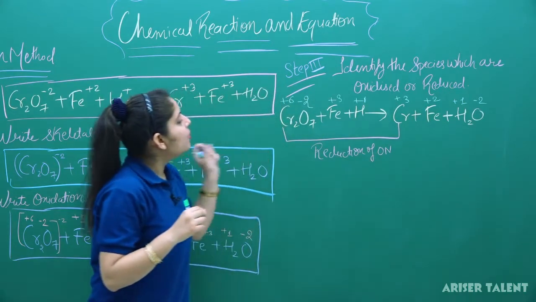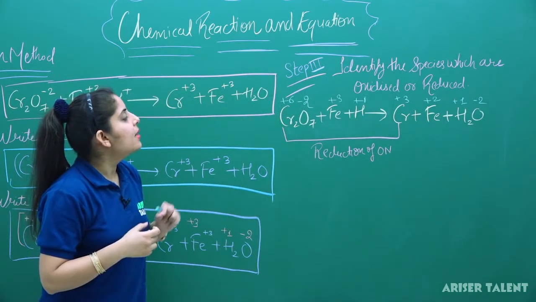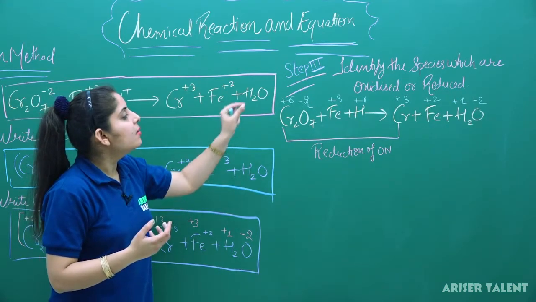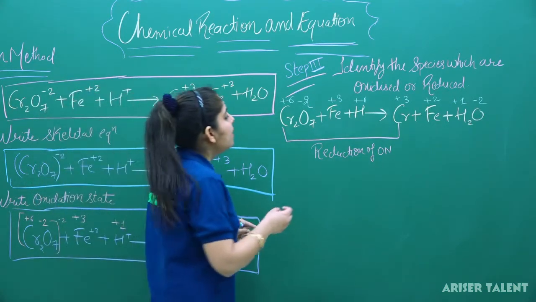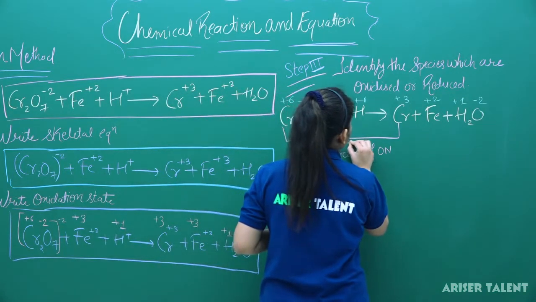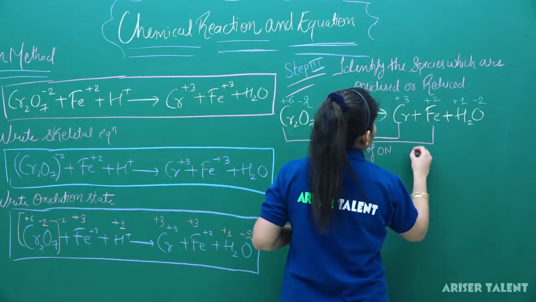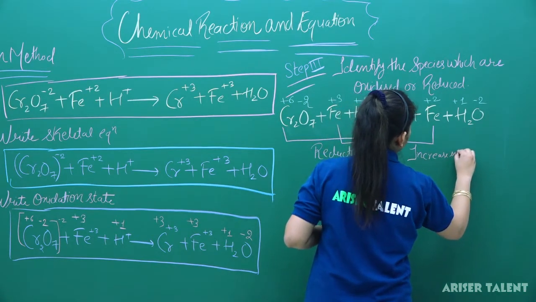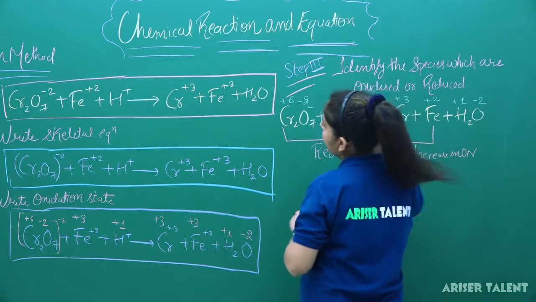And what will happen in case of iron? Fe plus 2 loses an electron and Fe plus 3 is formed. So there will be an increase in oxidation number.